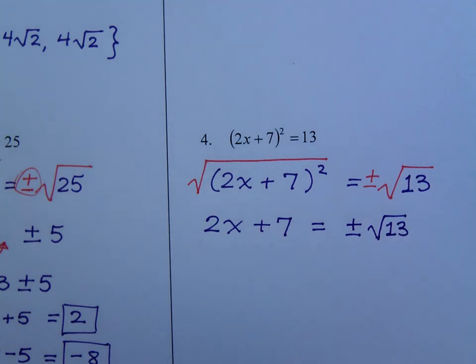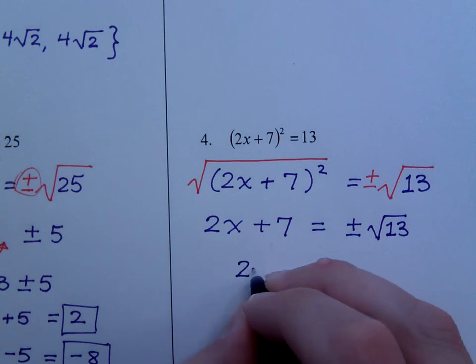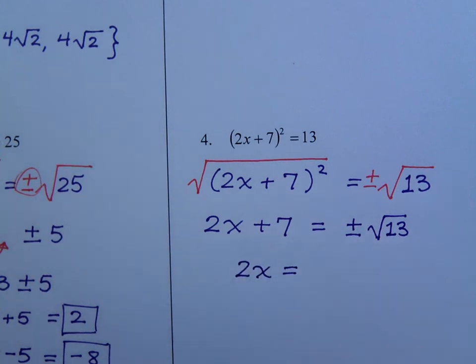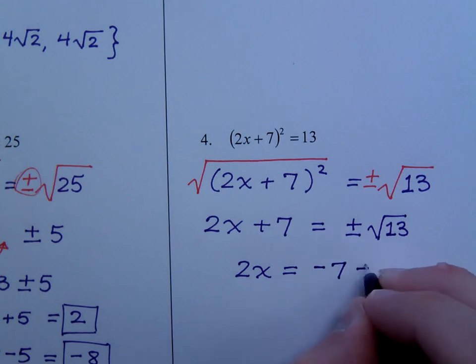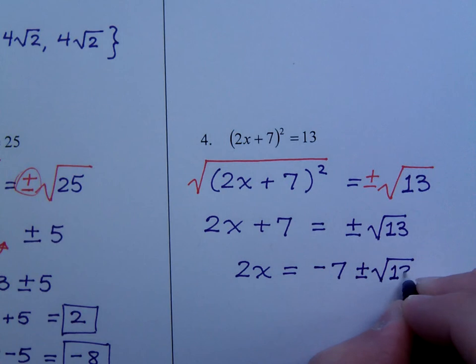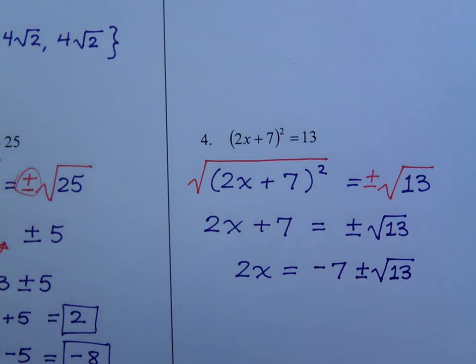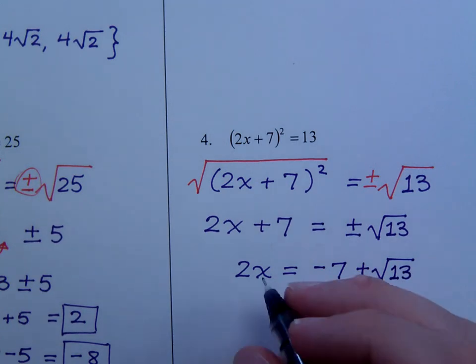But now you have some extra steps to take here to get x by itself. The first step is to move the 7 to the other side, and that's by subtracting 7. So minus 7 plus or minus the square root of 13. And to finish getting x by itself, just divide everything by 2.